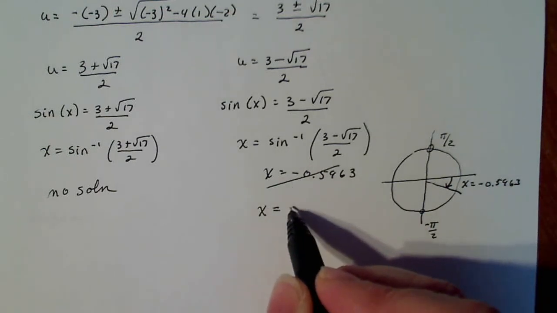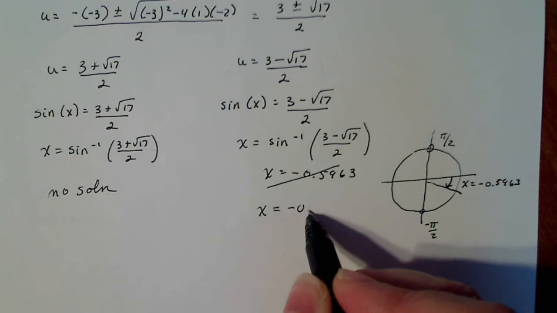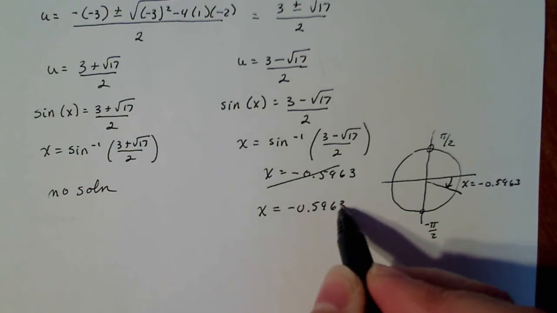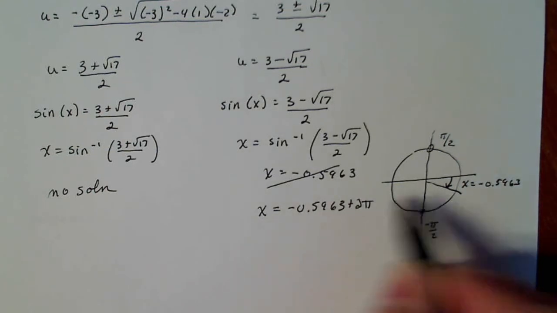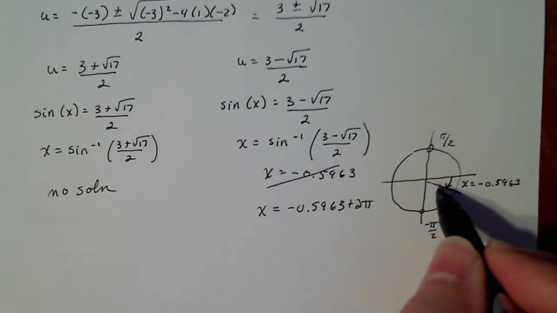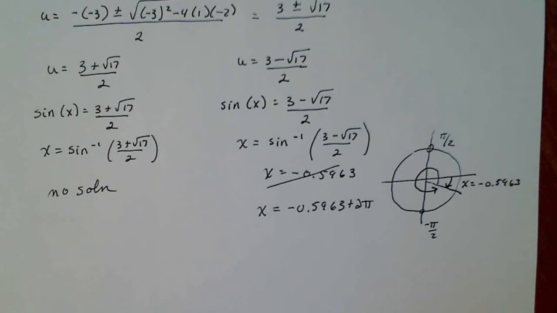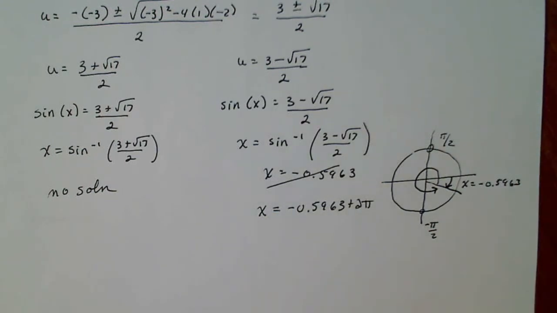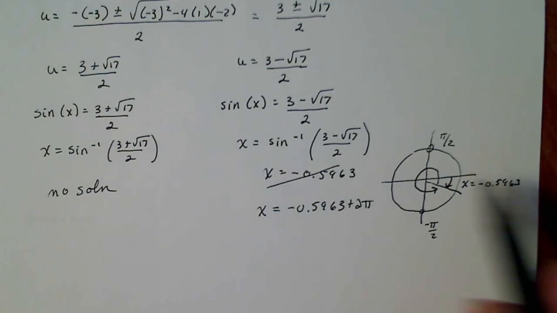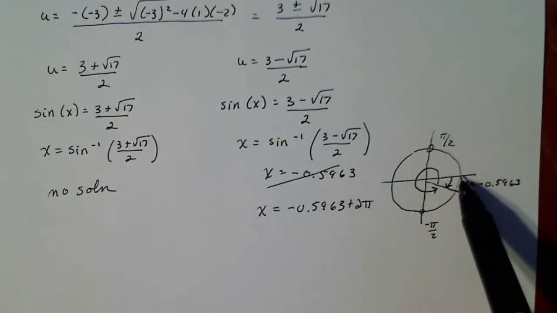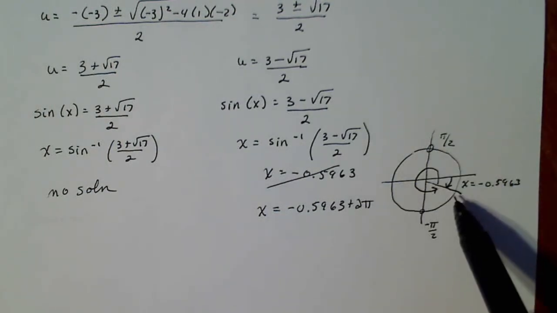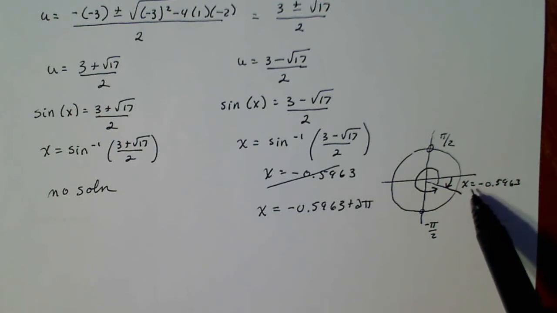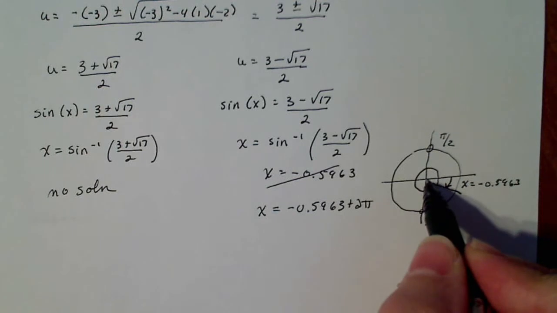X equals minus 0.5963 plus 2 pi. And that, again, will start me from here, rotate me all the way around, and put me right where I want to be. So you think about this, 2 pi minus a fraction will make it less than 2 pi. Now there's another angle in the interval from 0 to 2 pi that we haven't thought about yet, and that's going to be in quadrant 3 right here.